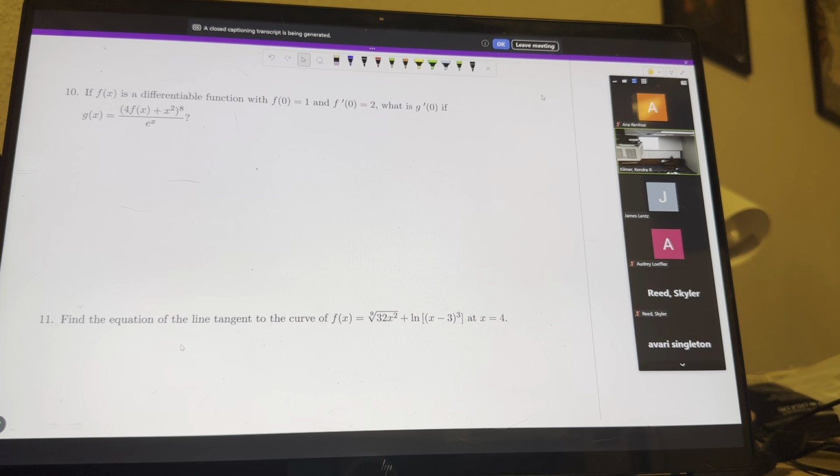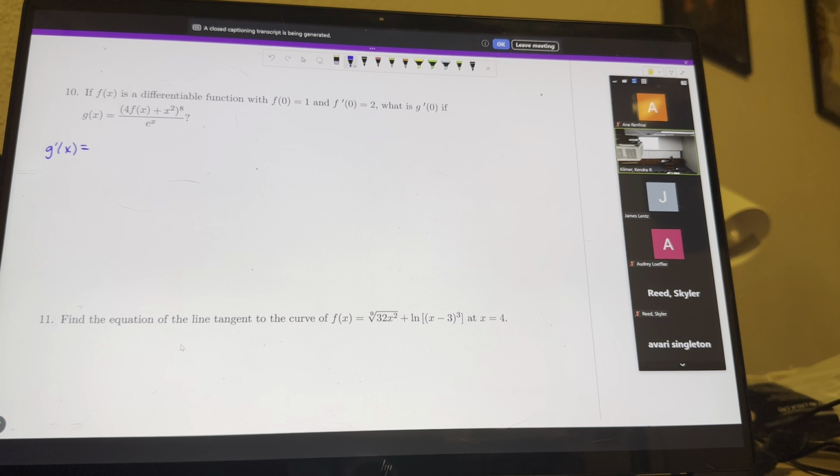Our big picture here is that the only difference between this and what we were dealing with in our other problems is now we have this unknown function that's a part of g. Other than that, it's the same as we've already seen. So my big picture here is I'm dealing with a quotient, and so I'm going to have to use the quotient rule.